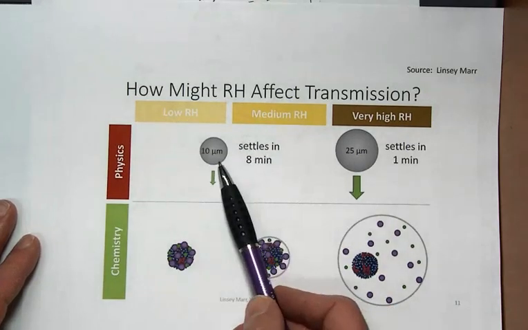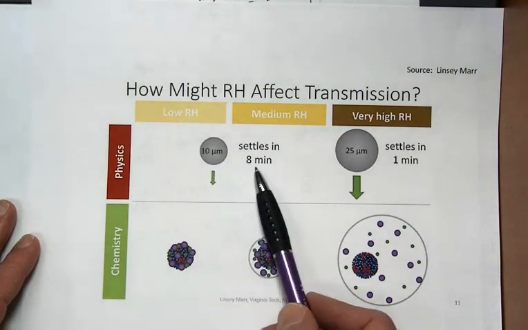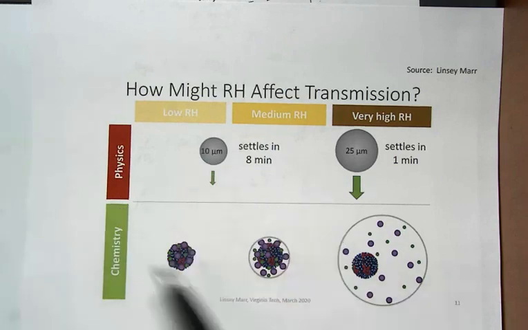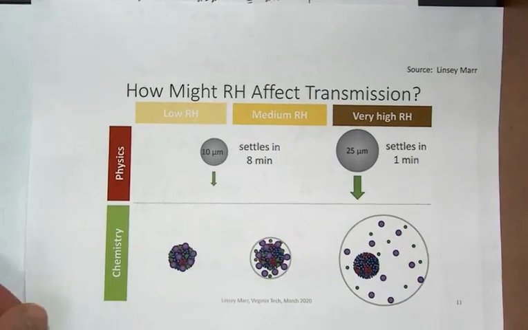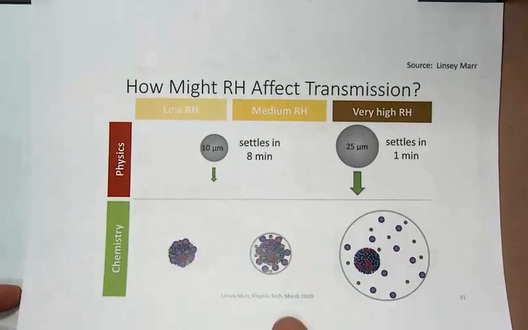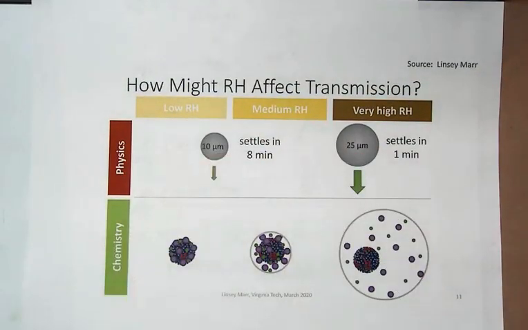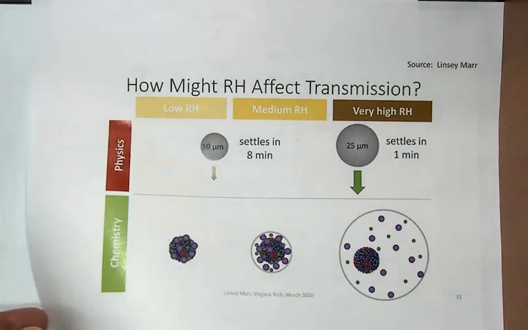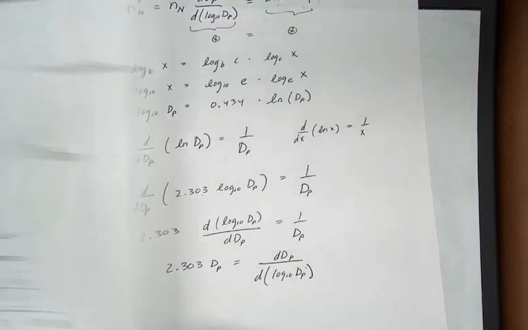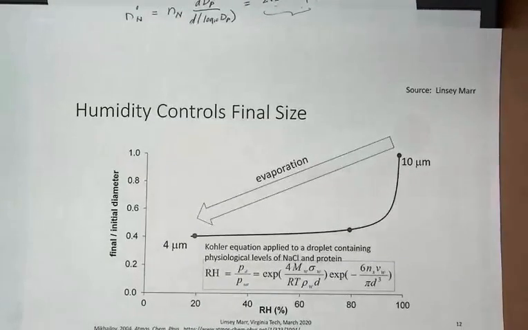It's going to get a lot smaller, it's going to settle more slowly, and so it's going to be able to distribute more around that indoor environment. How much it evaporates as a function of relative humidity is something we can calculate. The atmospheric humidity controls the final size.